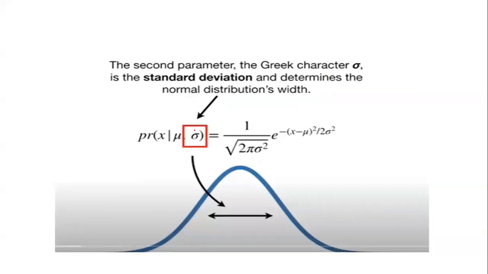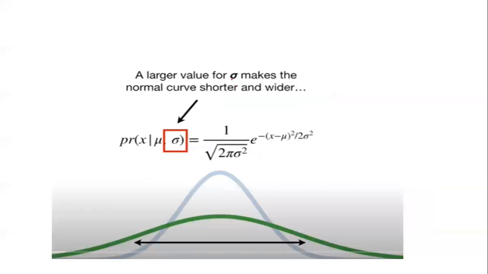Similarly, the Greek character sigma represents the width of the curve. So mu represents the mean of the curve, whereas sigma represents the width of the curve, basically the standard deviation. If you provide a larger value of sigma, the curve becomes shorter and wider.